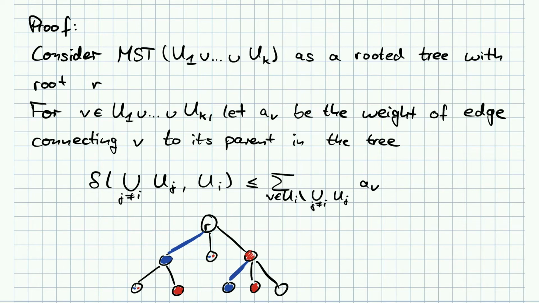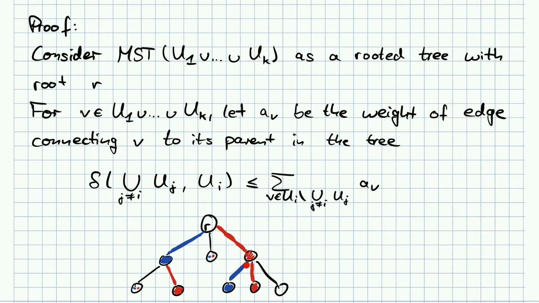Now let's do the same thing with the red vertices. How do we make sure all red vertices are connected to blue vertices? Here and here this is trivial because they are already connected. But now we can again go up the tree, and sooner or later we will be connected to a blue vertex.